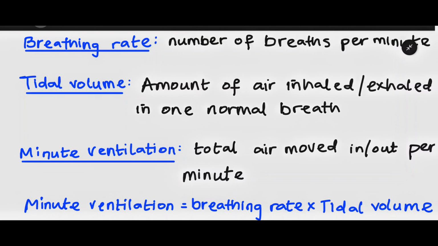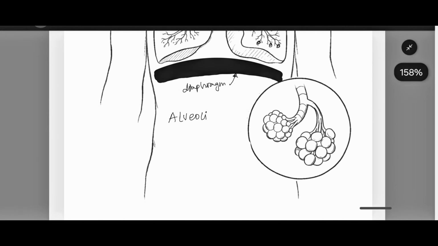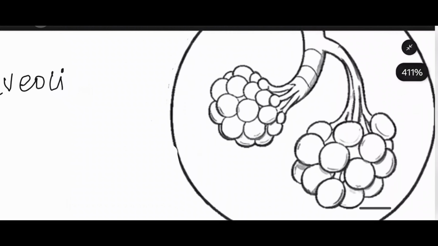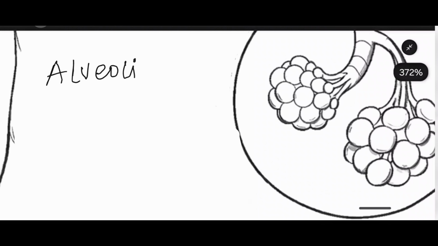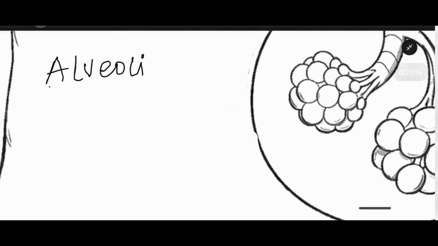Alright, before we touch on the last thing in this video, let's zoom in on the alveoli. So remember, we spoke about these tiny air sacs called alveoli where gaseous exchange happens. So let's zoom into what really happens down here in more detail.